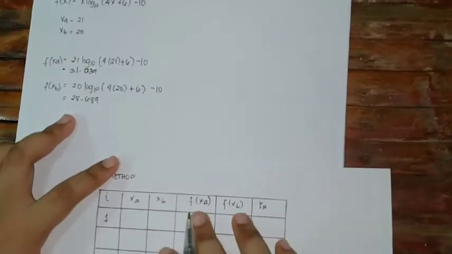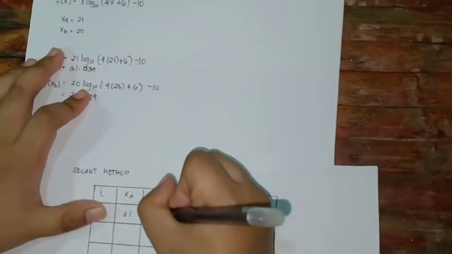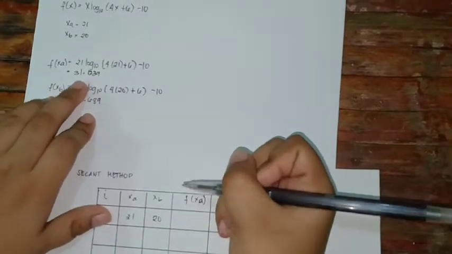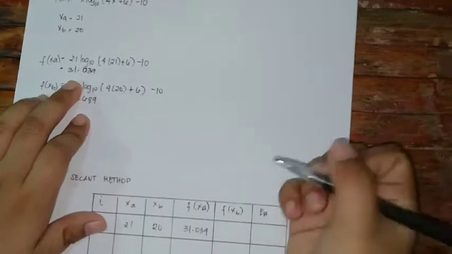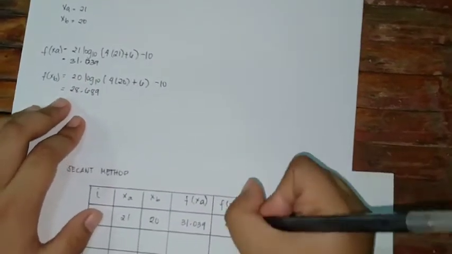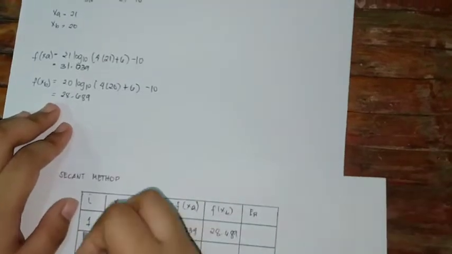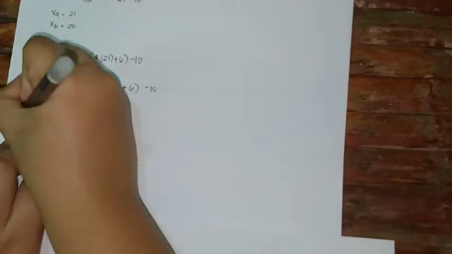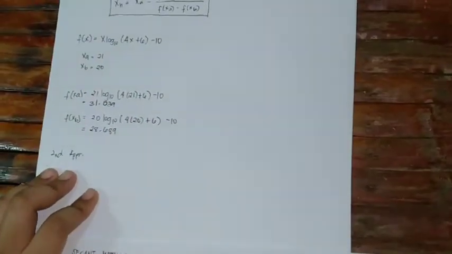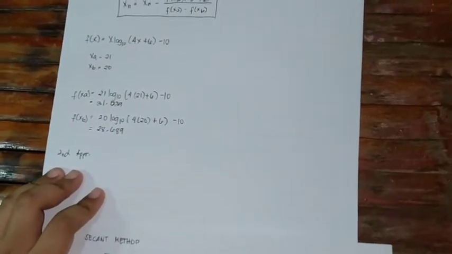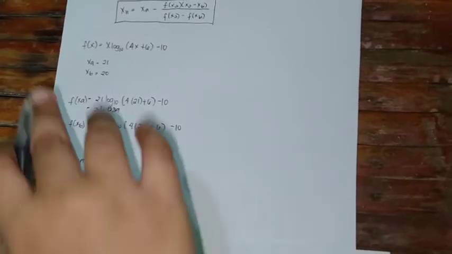In the first iteration, you have x_a equals 21, x_b equals 20, and our f(x_a) is 31.039, and our f(x_b) is 28.689. Now for the second iteration, the x_a of the second iteration will be the x_b of the first iteration.